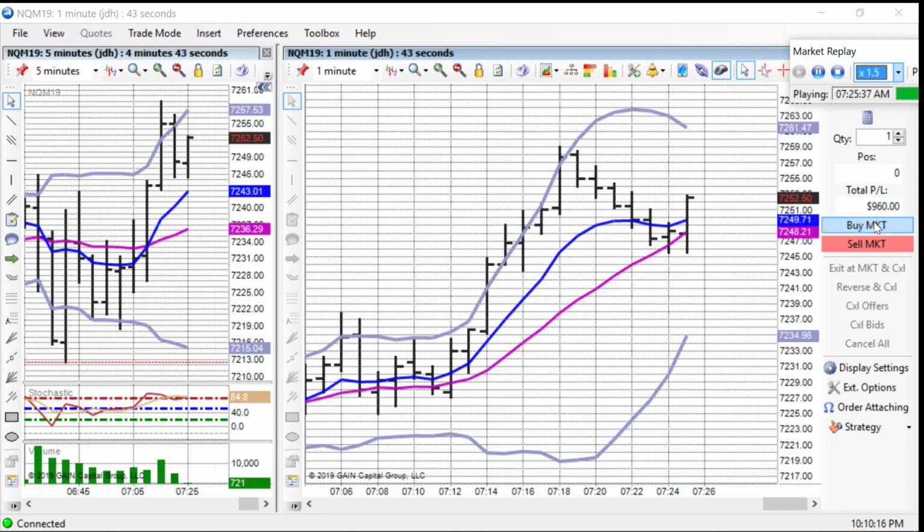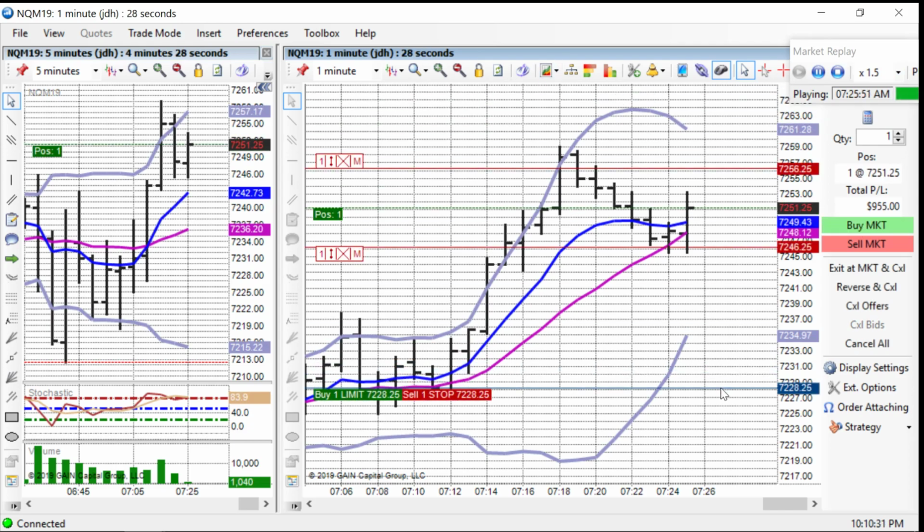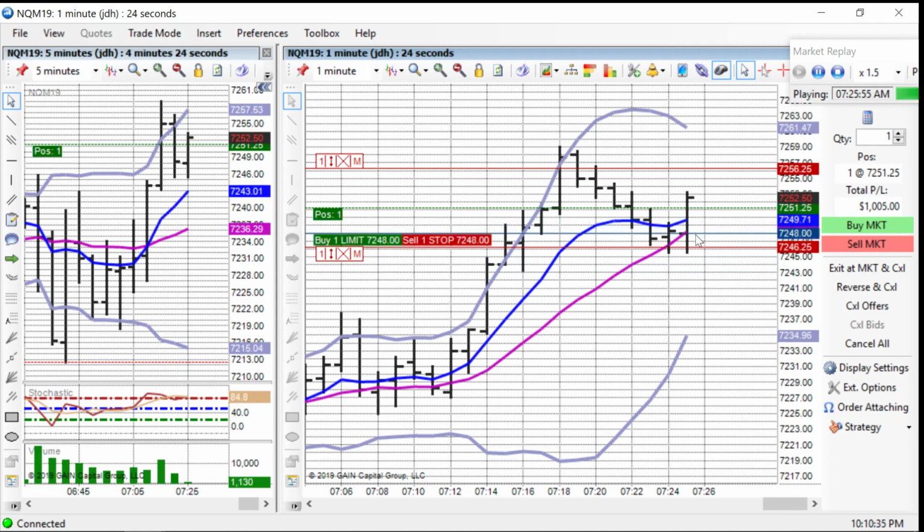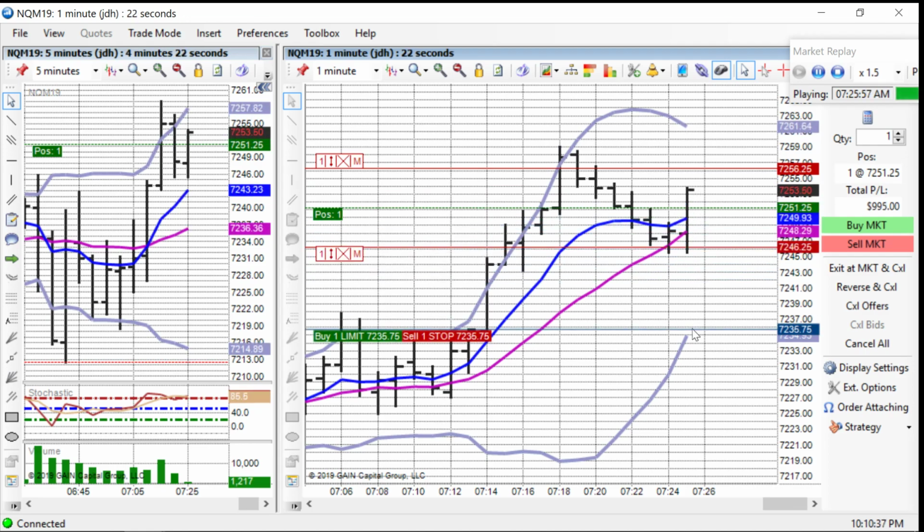So let's see if I can still get in on that, even though we're losing volatility here. That's why, if you're going to take both of these trades, they're risky, but if you're going to take a risk, you want to get on that ADMA line as close as you can.